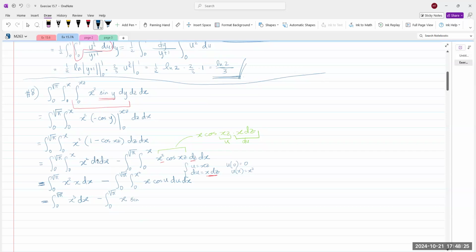u from 0 to x squared dx, supposed to be like this, right? Okay, but that will give us the integral from 0 to square root of pi of x cubed dx. I will integrate that later on, minus integral from 0 to square root of pi of x sine of x squared dx.